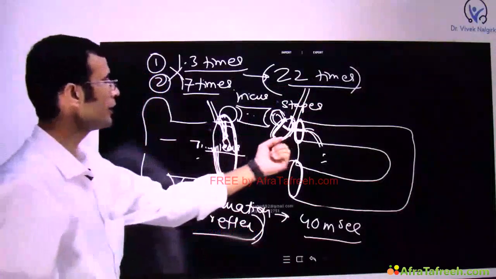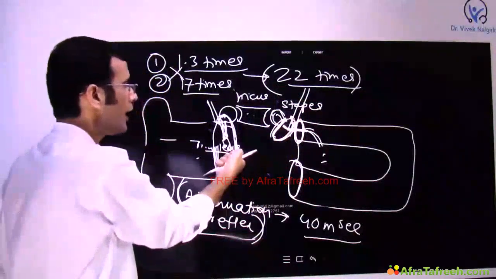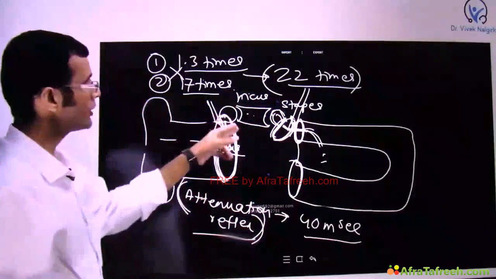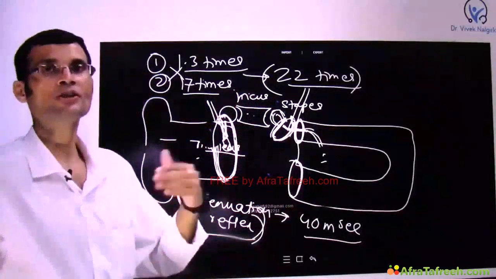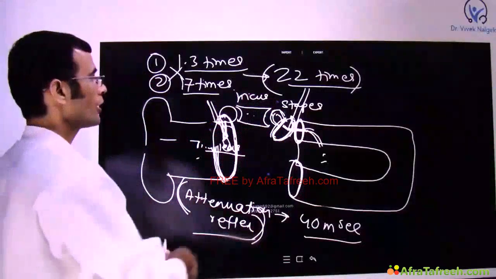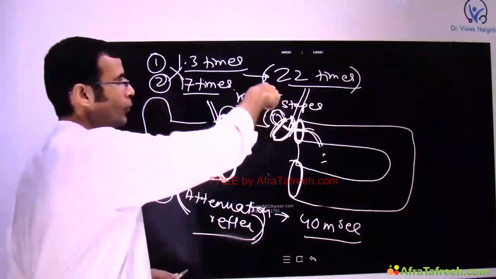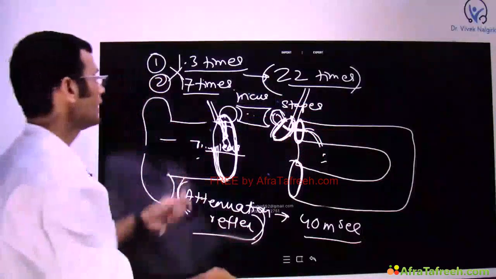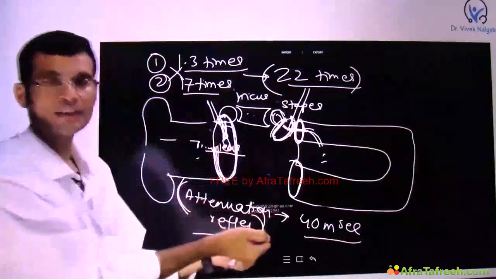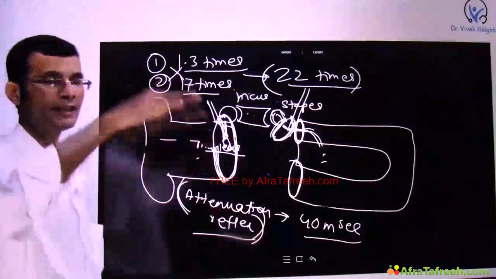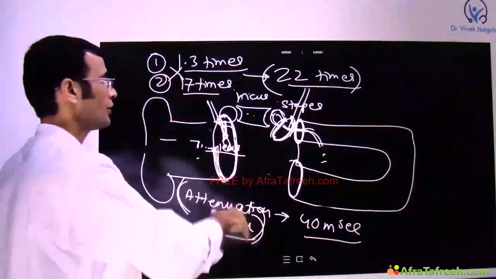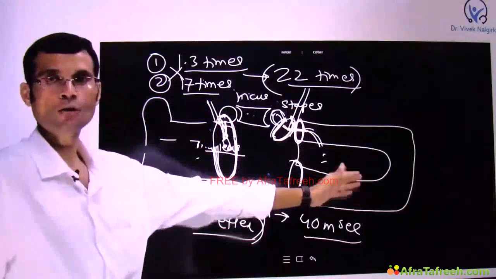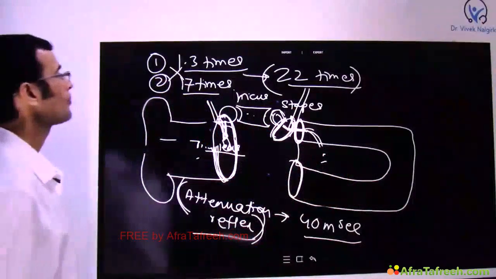Because of this, the ossicular chain goes into rigidity. It dampens the pressure in that sound wave, so that damage to the inner ear and cochlea will be prevented.